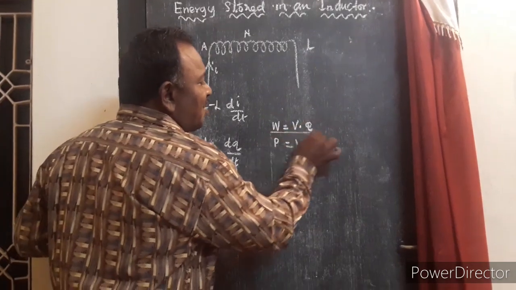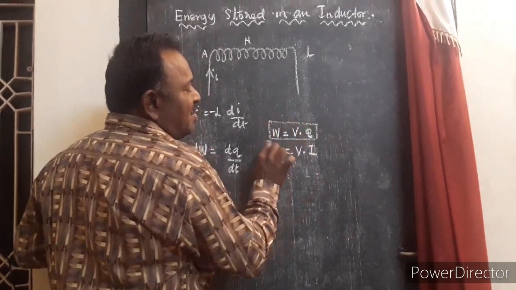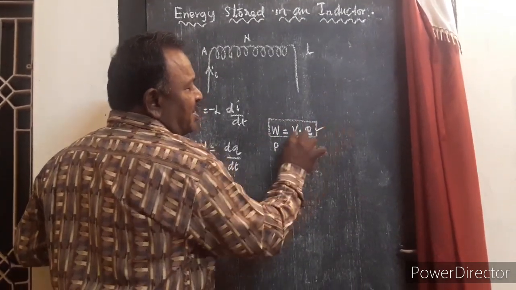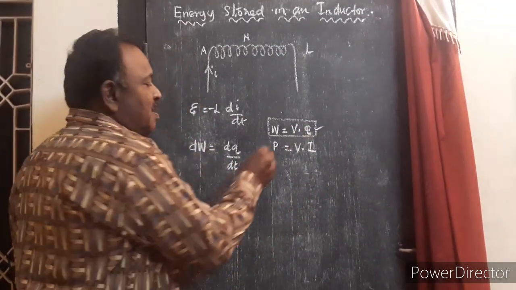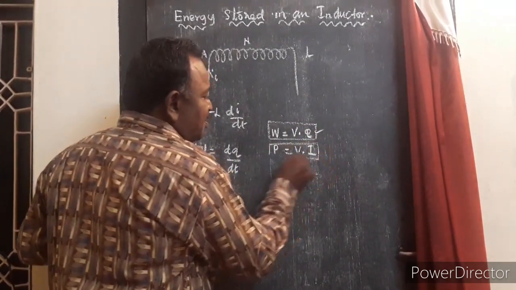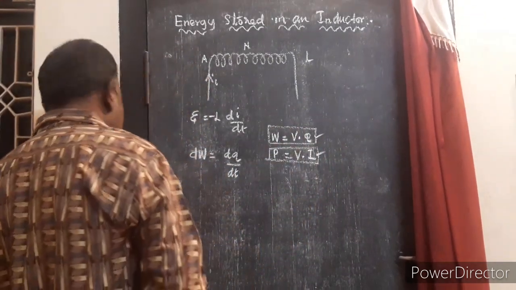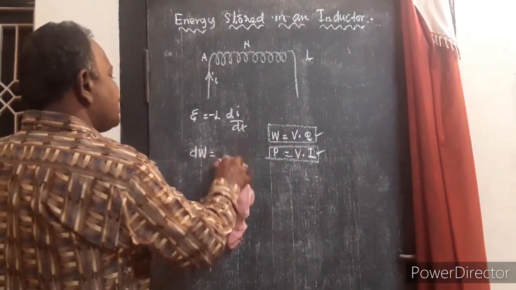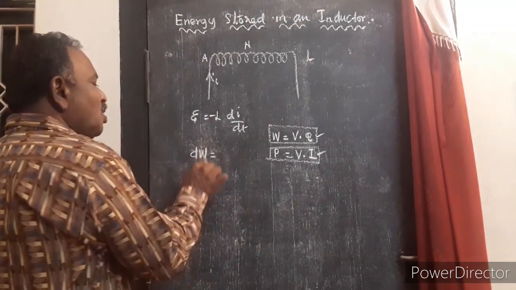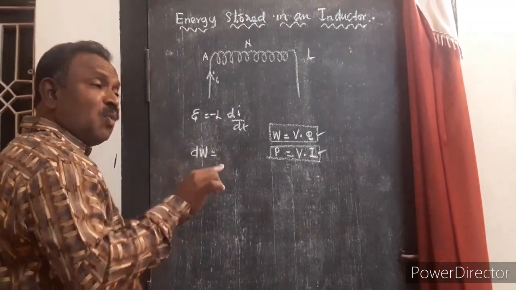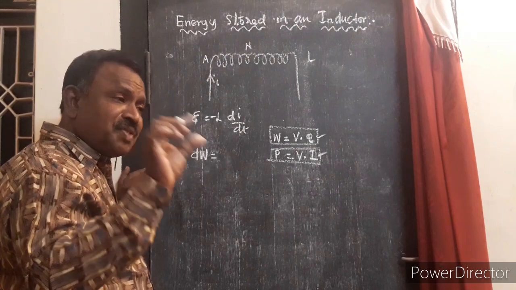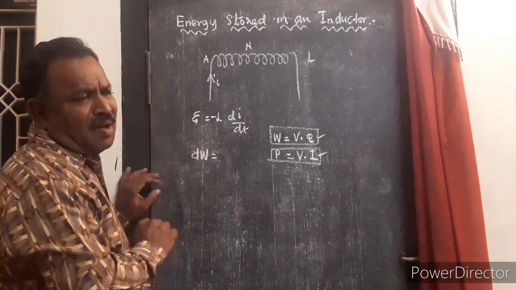These are the two formulas. So a small amount of work is done in moving a small amount of charge in a small interval of time.